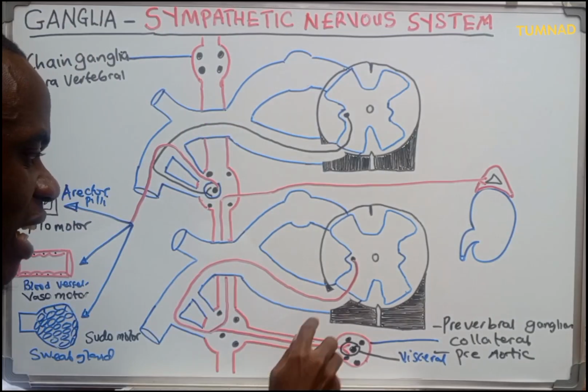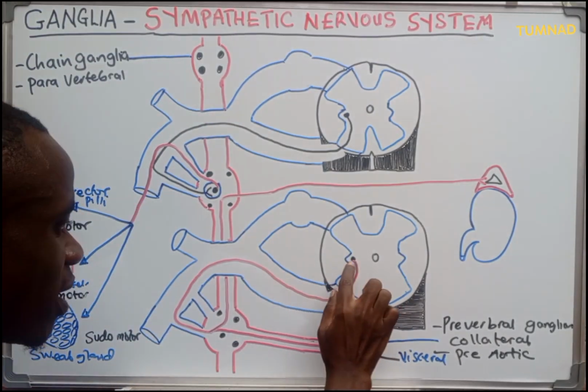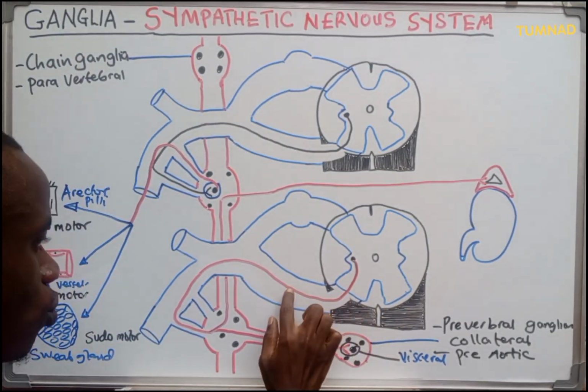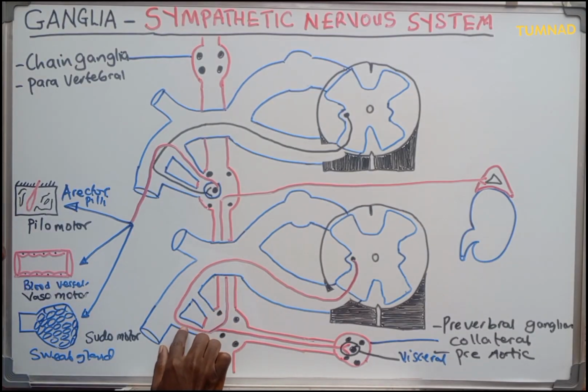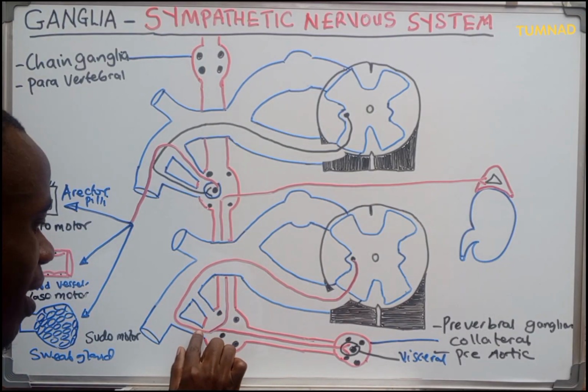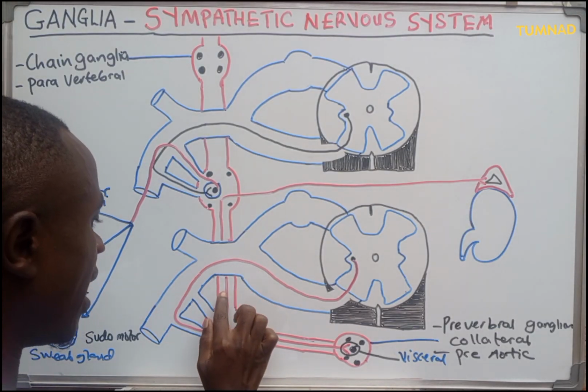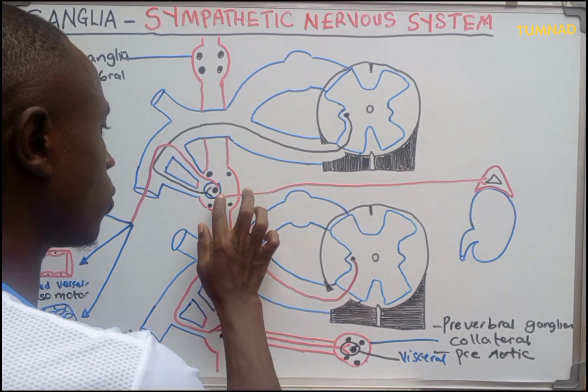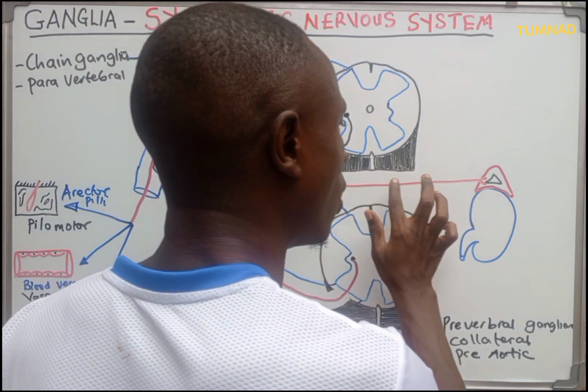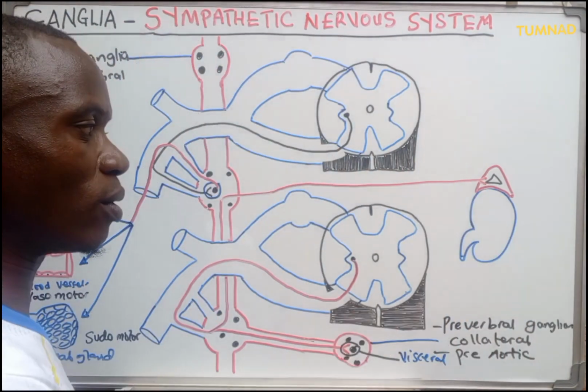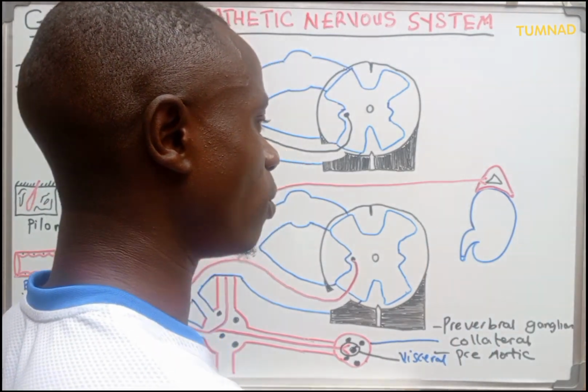You see how it has moved? It has moved from the ventral horn, ventral roots, part of the spinal nerve. It has entered through the white rami communicans, moved up without synapsing, moved to the next ganglia, and come out. It can go even to the adrenal medulla.